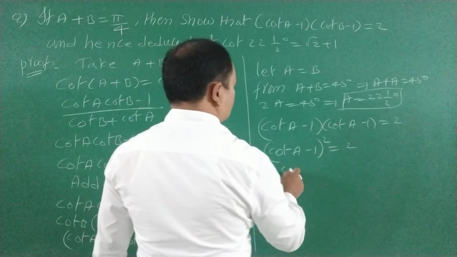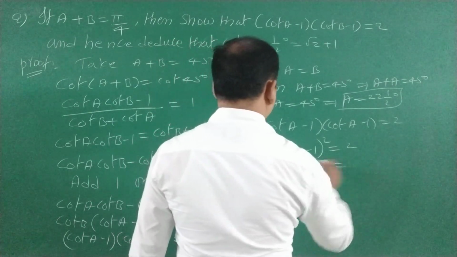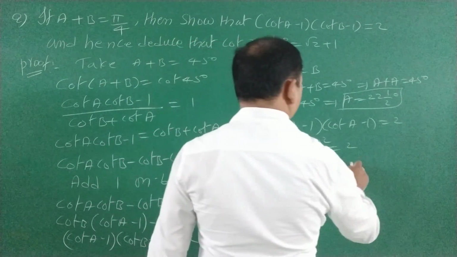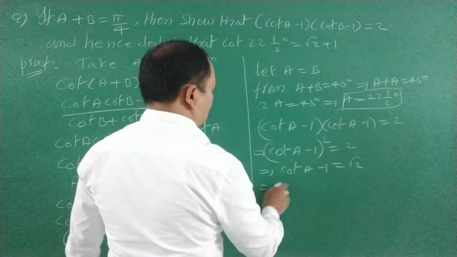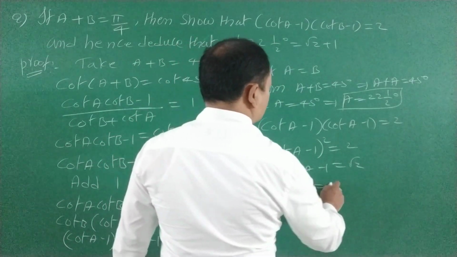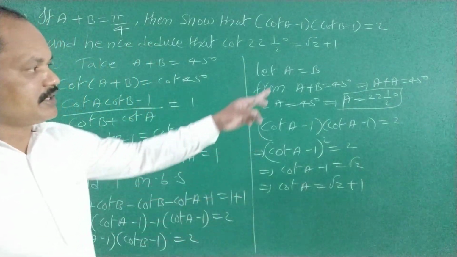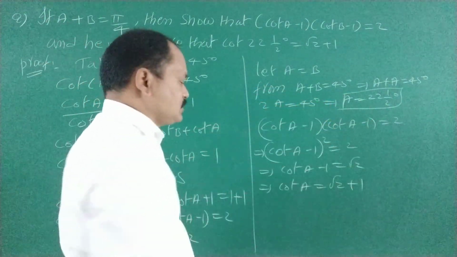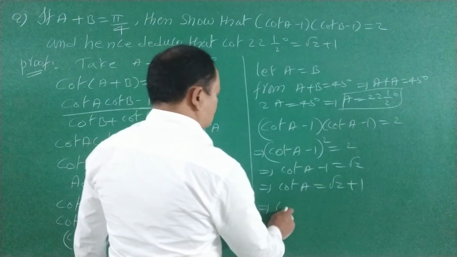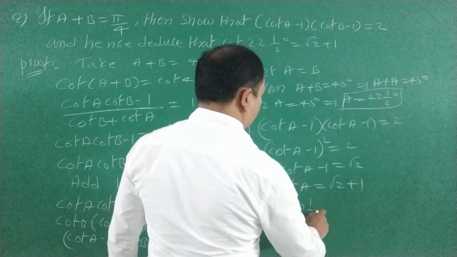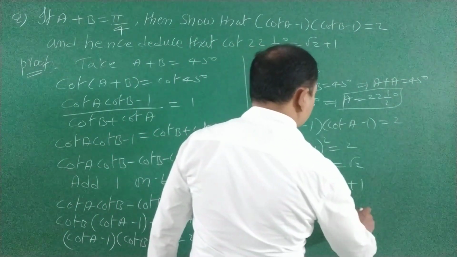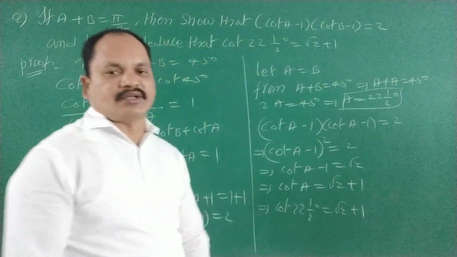So cot a minus 1 is equal to root 2. So cot a is equal to root 2 plus 1. That's all. What is a? A is 22.5 degrees. That's why cot 22.5 degrees is equal to root 2 plus 1. That's all. Okay.